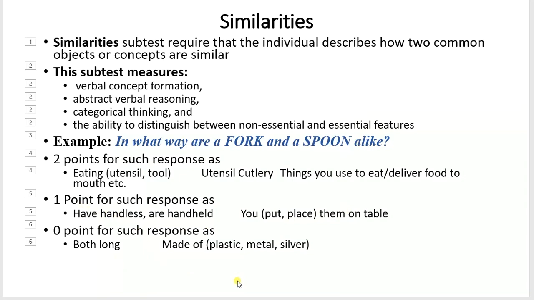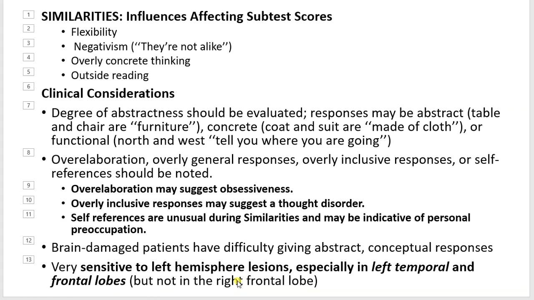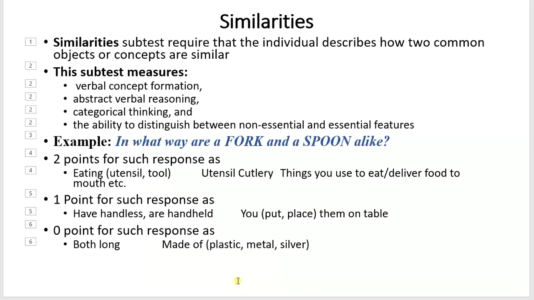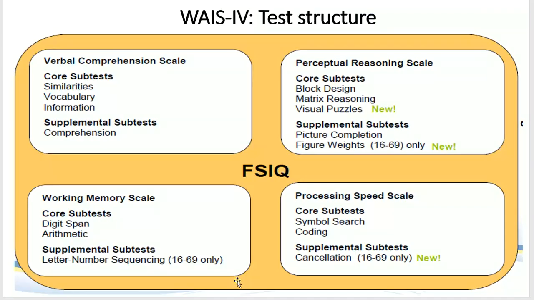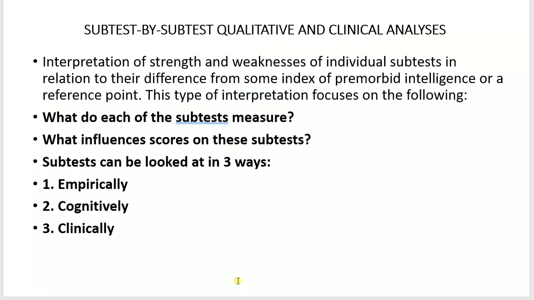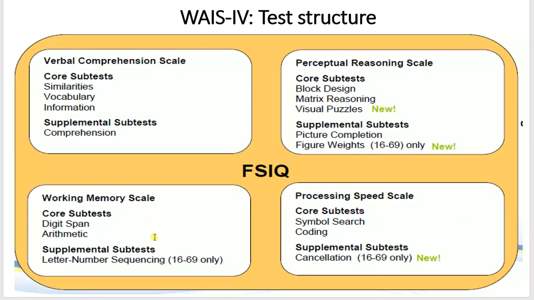Now coming to its clinical implications. As I mentioned earlier, I am going back to show you what each subtest measures, what factors influence it, and then its clinical utility.